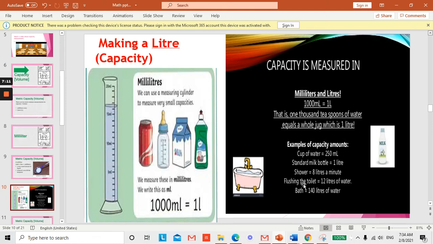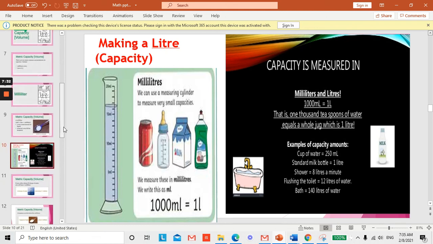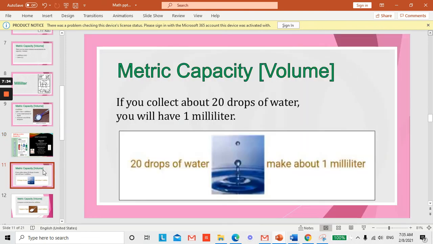Flushing the toilet is 12 liters of water. A bath, we have a bathtub here, is 140 liters of water. Let's move to the next.